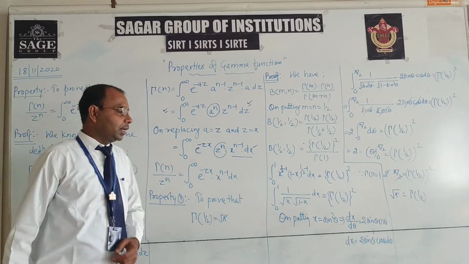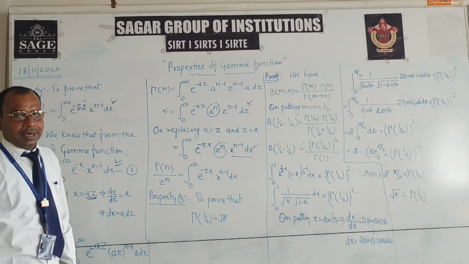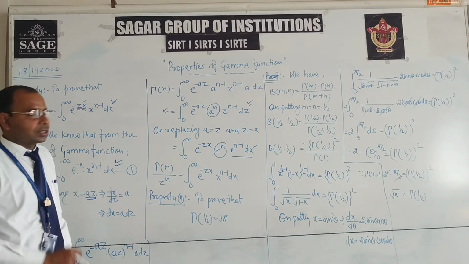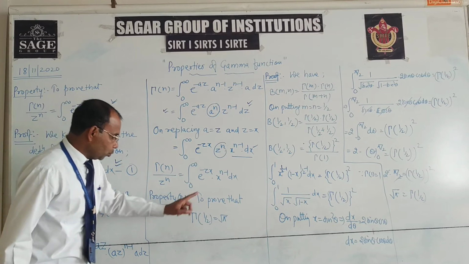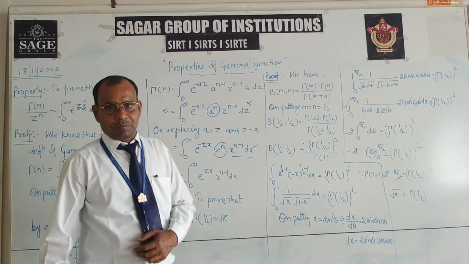Now the next property is very important for the numerical part and for the proof of some special properties of the gamma function. The second property is to prove that gamma 1 by 2 is equal to under root pi.